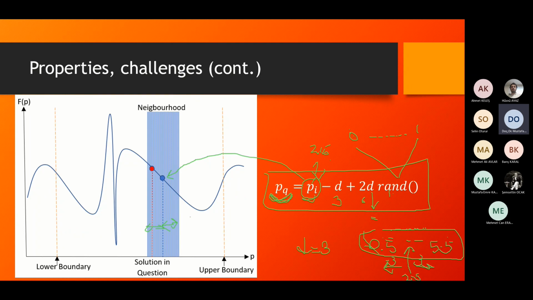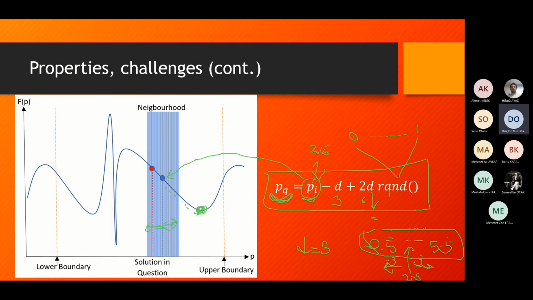Therefore, by producing new solutions within the neighborhood of the current solution, we will evaluate it. The naive approach: if the new solution is better, then accept it. Otherwise, reject it and produce another solution. And we will be hoping that we will go down and find the minimum point.